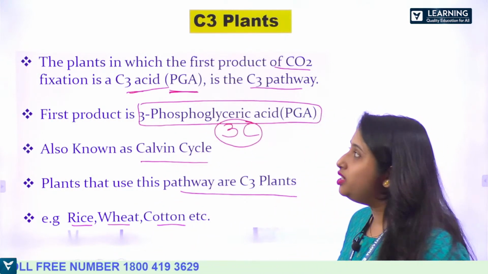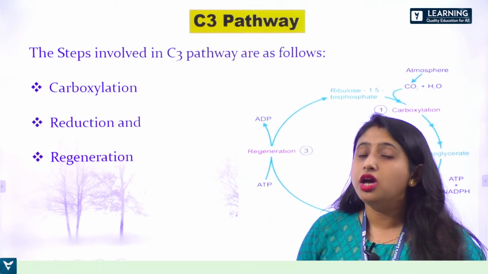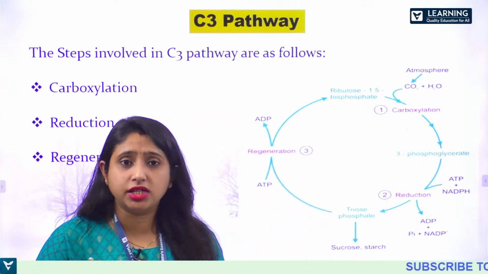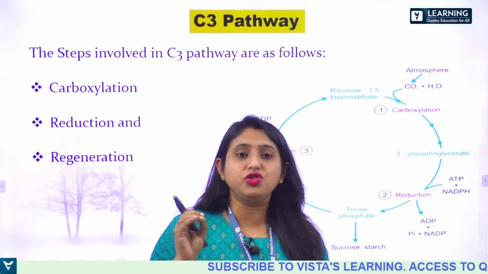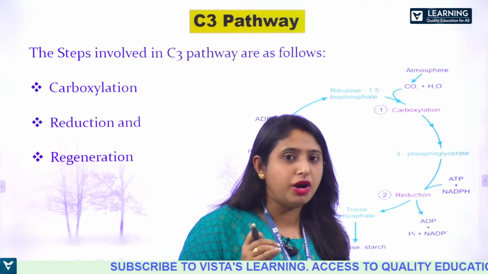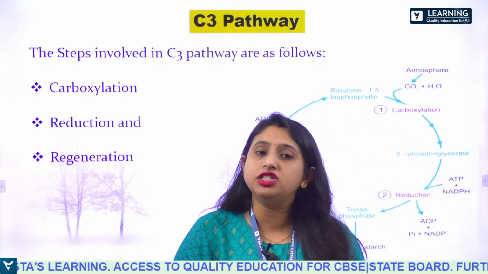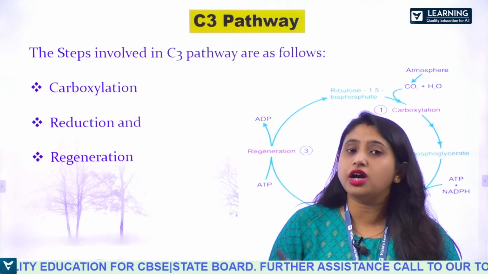Next, let us see the steps involved in the C3 pathway. You have to remember these steps and practice them. The three steps involved in the C3 pathway are carboxylation, reduction, and regeneration. First is carboxylation, which means adding carbon dioxide.